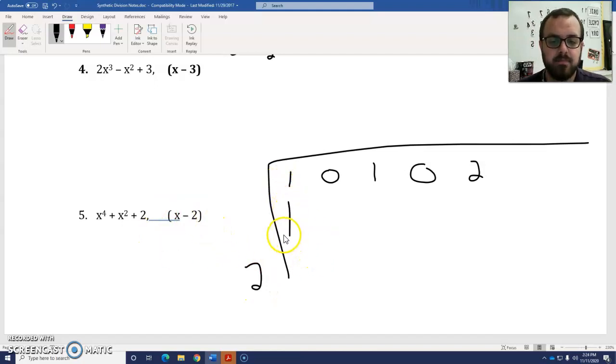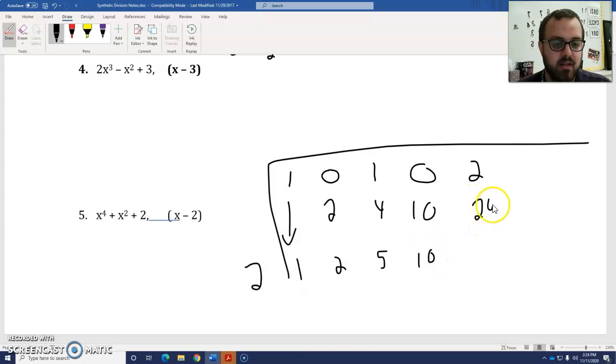Bring down the 1. 2 times 1 is 2. Add those together, I get 2. 2 times 2 is 4. Add those together, I get 5. 5 times 2 is 10. Add those together, I get 10. 2 times 10 is 20. Add those together, I get 22. Again, this one also does not go in evenly.